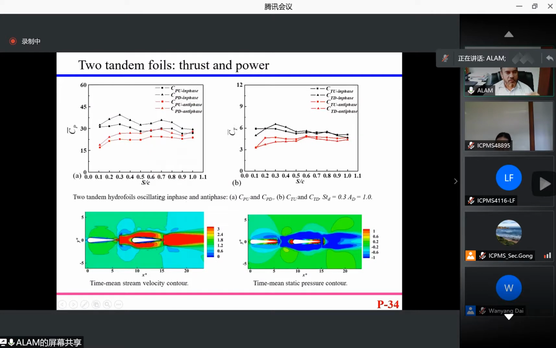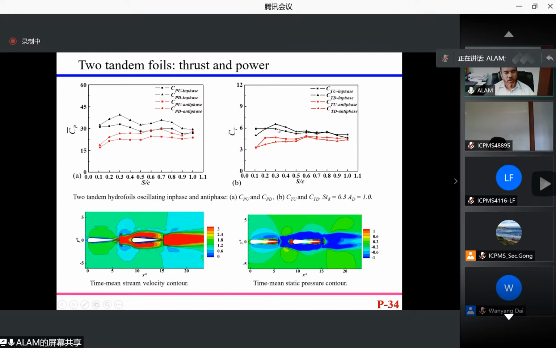And then for two tandem foils, now both are in tandem, one behind another. In this case, the scenario is different. Now you see here, for the in-phase condition, we have the higher CP, also the higher CT.